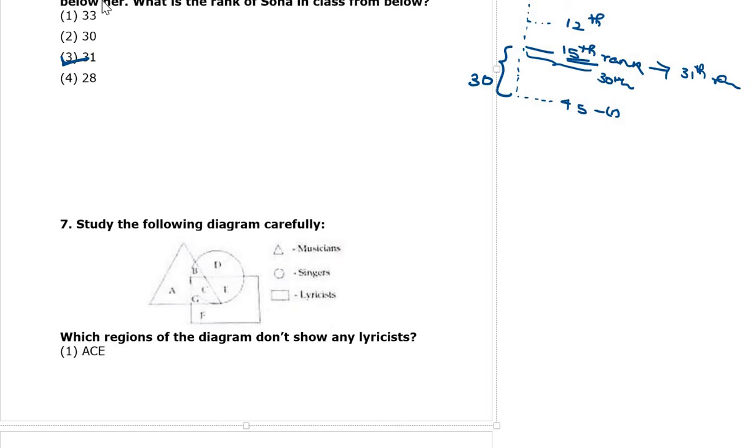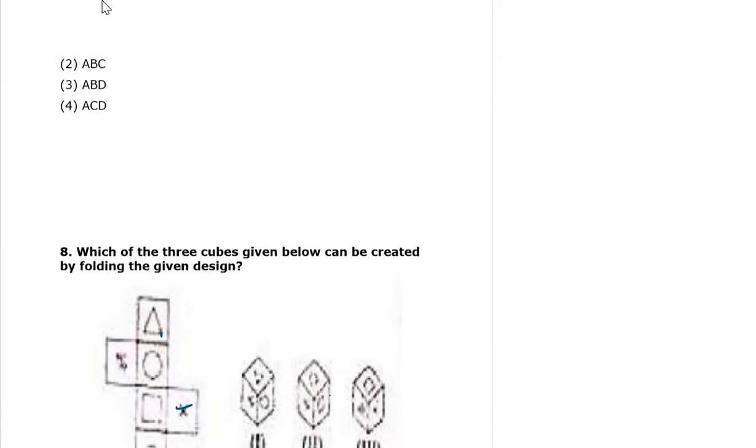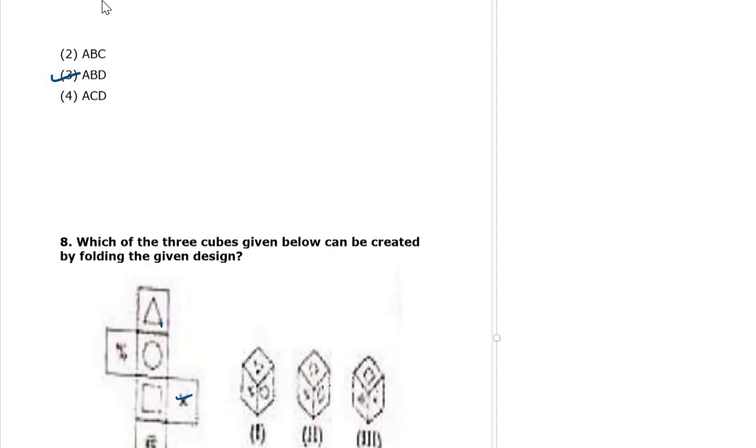Which region does not show the lyricist? They don't want the lyricist. These things. Okay. So the remaining portion, this is the unwanted portion. So the remaining portion represents the regions A, B, D. The answer is A, B, D. Okay. Come to the next question.